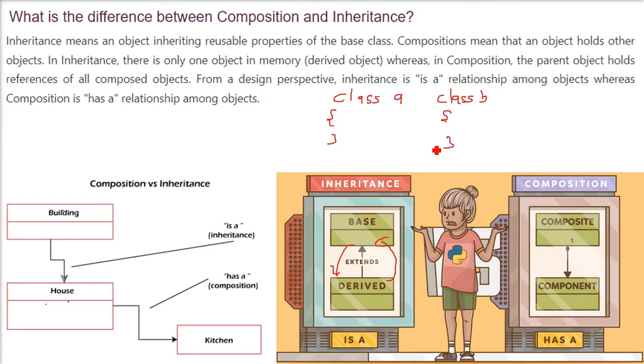Now we have a class C, and we have an object of class A. We can make an object of class A, that is A obj1, and we can make an object of class B also, B obj2.